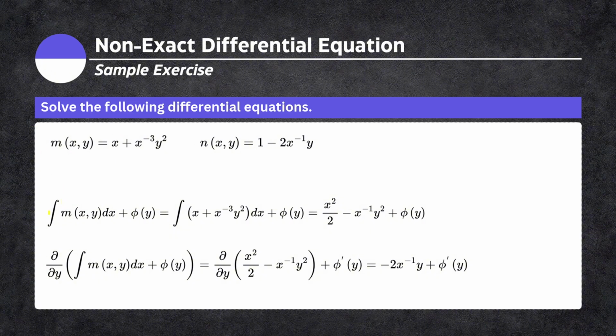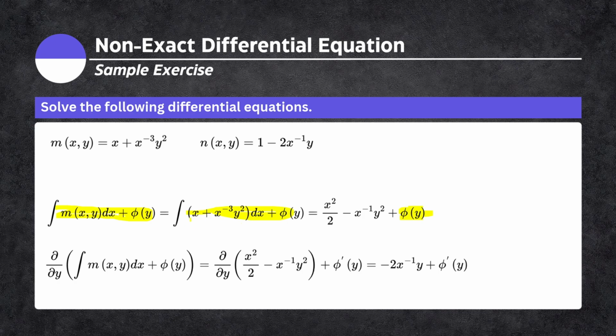So this will be the formula: the integral of m dx, and just add phi of y, and we will get here the answer, which is x squared over 2 minus x raised to negative 1 y squared plus this phi of y.